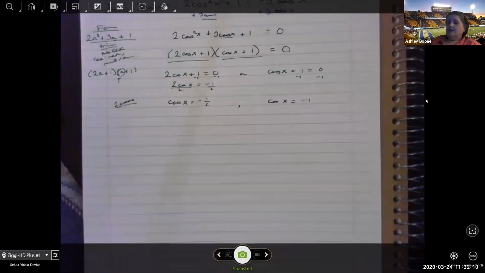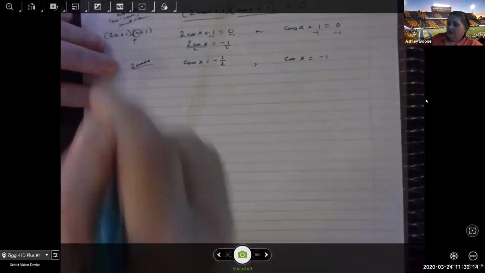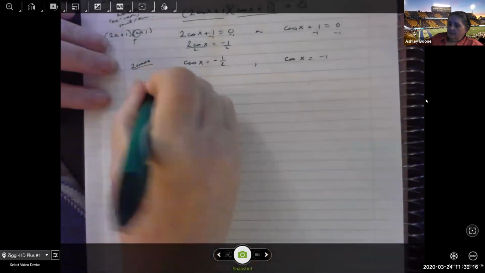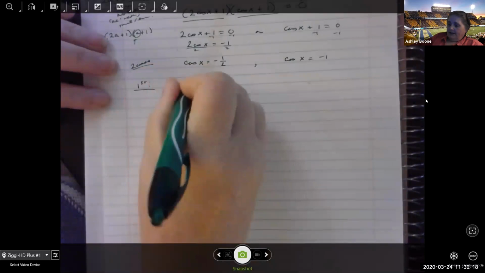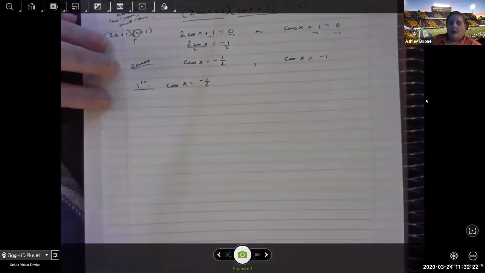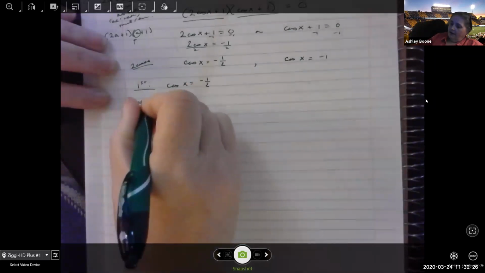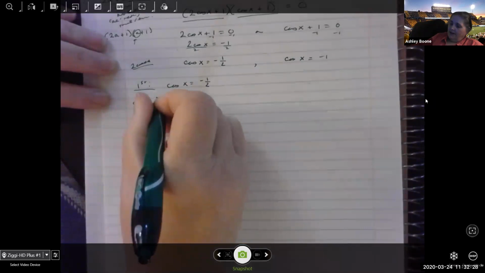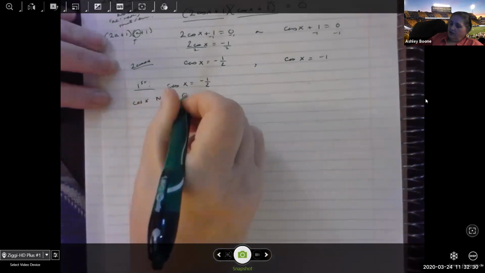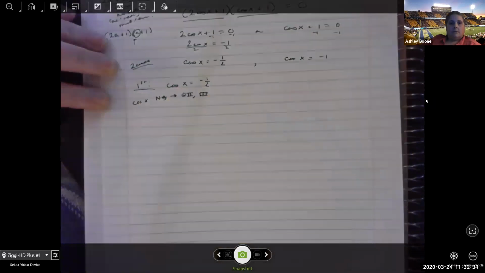So we're going to do it just like we did the last one. Your first case, cosine of x equals negative 1/2. Where does that happen? When is cosine negative? Cosine of x is going to be negative in quadrants 2 and 3. Okay.